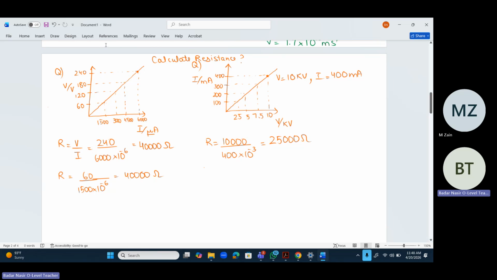Substituting the values directly in the formula is much easier.